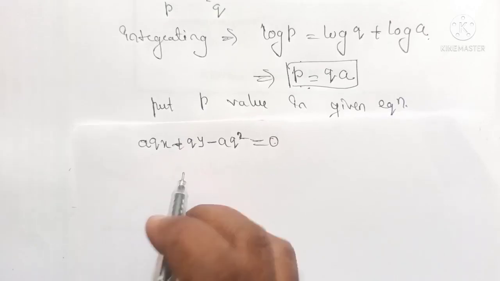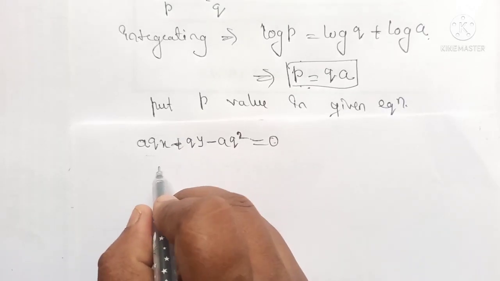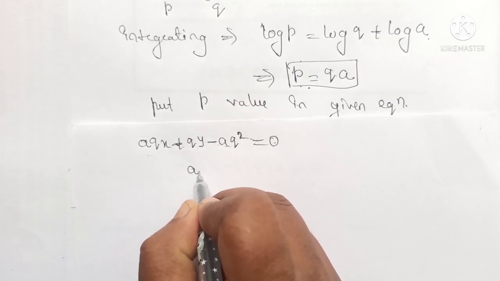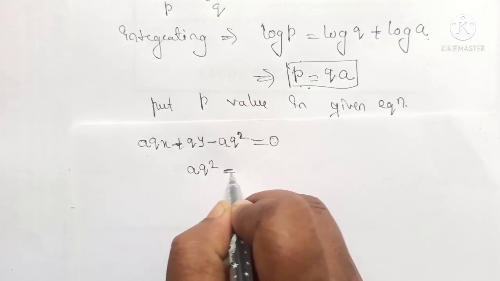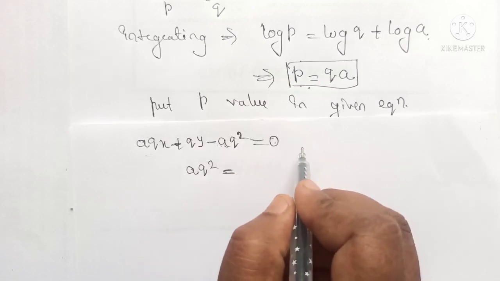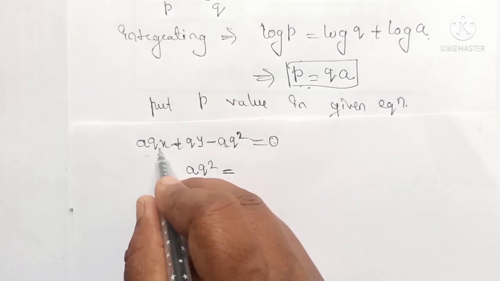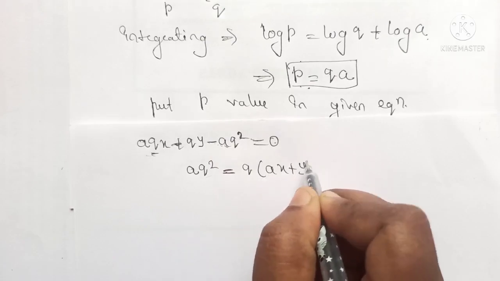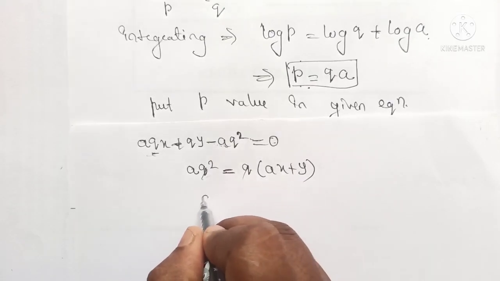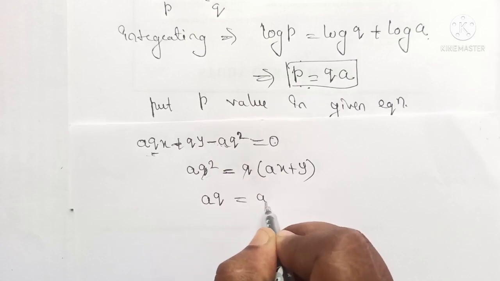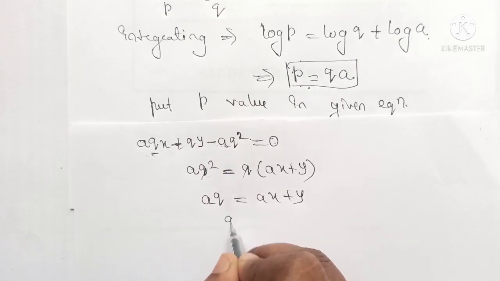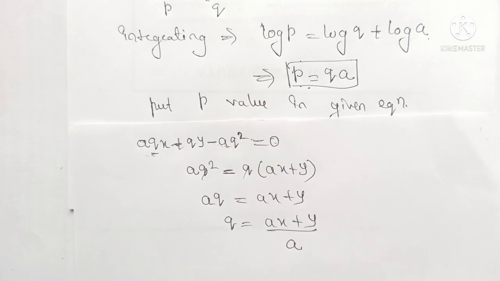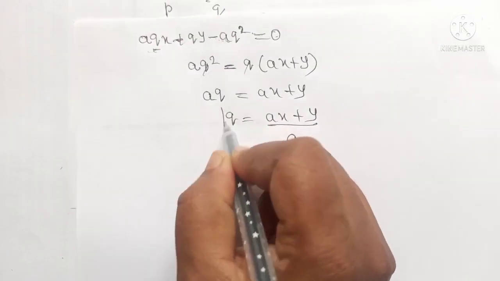Now we simplify: aq square can be taken to the right-hand side, and taking q outside, we get ax plus y. One q cancels, we get aq equals ax plus y, or q is equal to (ax plus y) divided by a. So this is the q value.